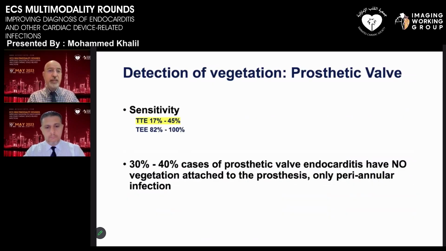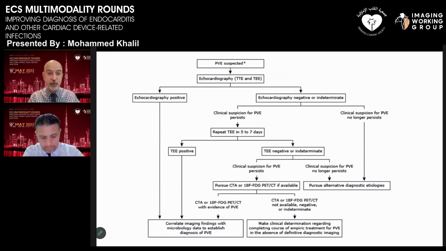However, we need to remember that for prosthetic valve endocarditis, when we talk about one of the major criteria, a transthoracic echocardiogram or TEE, the sensitivity of transthoracic echocardiogram to detect vegetation or complication is at most around 50%. We have to remember that always. It's like 17 to 45%. For TEE, we can increase this to 80 to 100% sensitivity. 30 to 40% of the cases of prosthetic valve endocarditis have no vegetation, but local complication like abscess or the like. So we have to remember that as well.